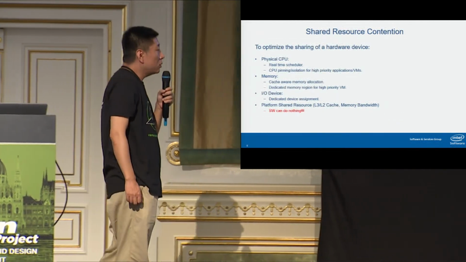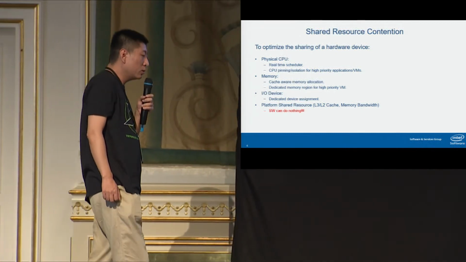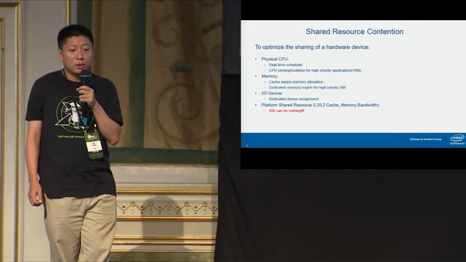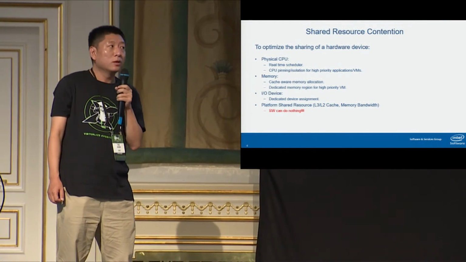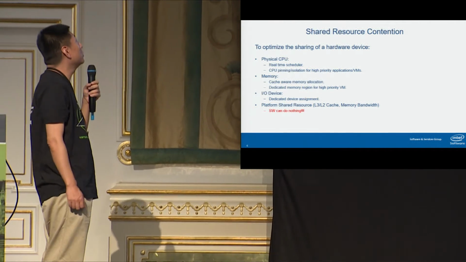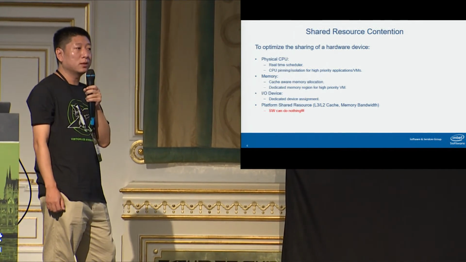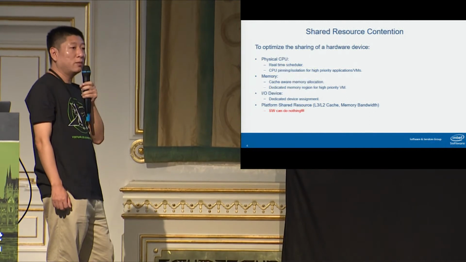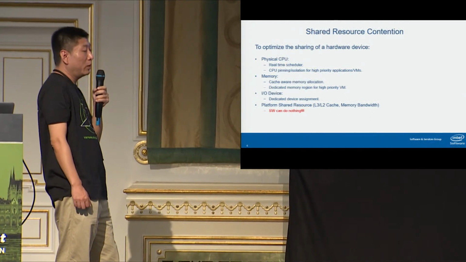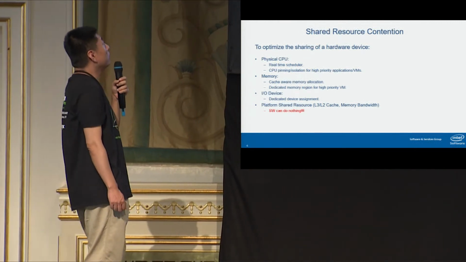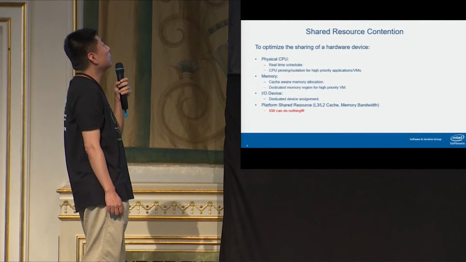As you know, software has many approaches to optimize the sharing of different kinds of hardware. For the physical CPU, we have the real-time scheduler to guarantee determinism for the high prioritized application of a VM, or we can pin the CPU for a special prioritized application.